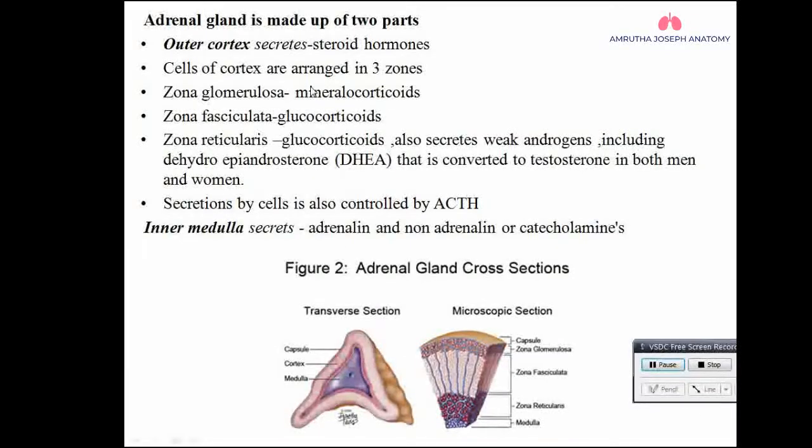Now, each of these sublayers secretes different types of hormones. Zona glomerulosa secretes mineralocorticoids. Zona fasciculata secretes glucocorticoids. And zona reticularis secretes glucocorticoids and also some weak androgens, which include dehydroepiandrosterone that can be converted into testosterone in males and females.